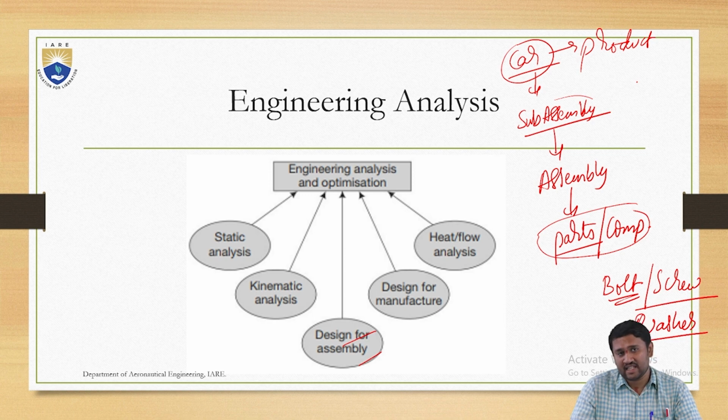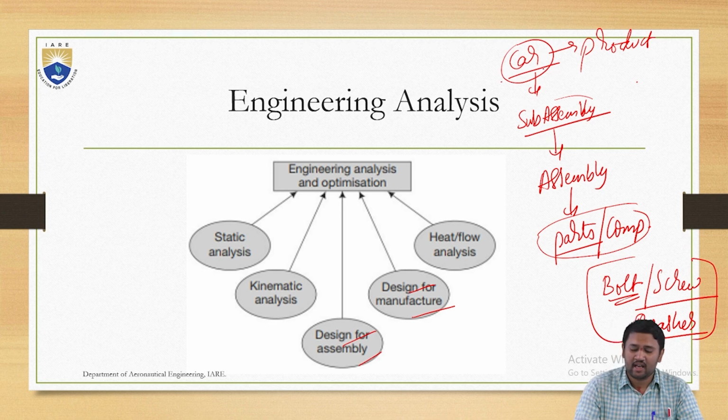And while designing these small components, you will make sure that they are designed in accordance with the assembly point of view. Next, in the same way, you will be designing from a manufacturing point of view. If you consider the same example of bolt as well as screw, these are designed in such a way that they are eased in manufacture for better productivity.